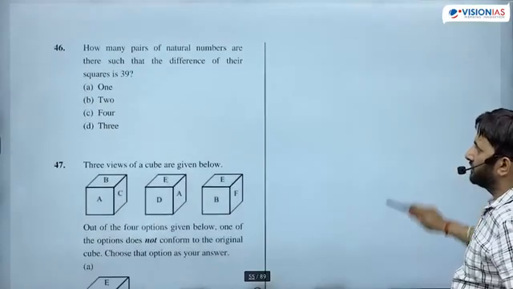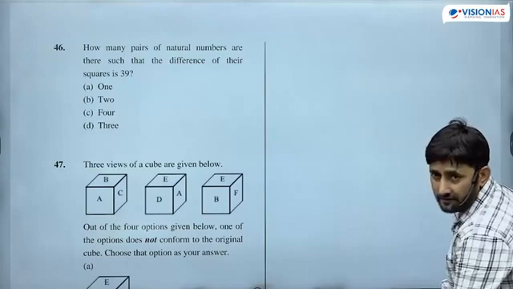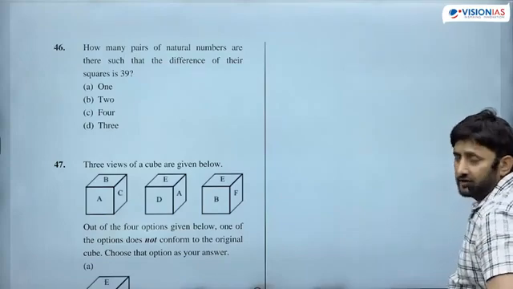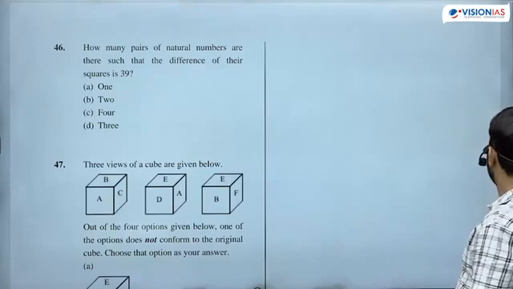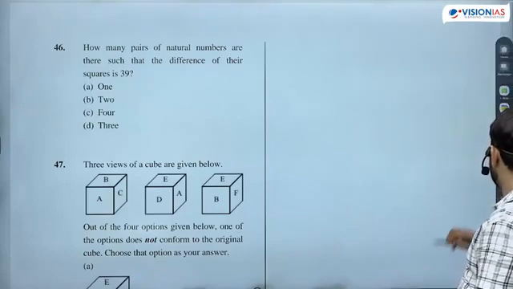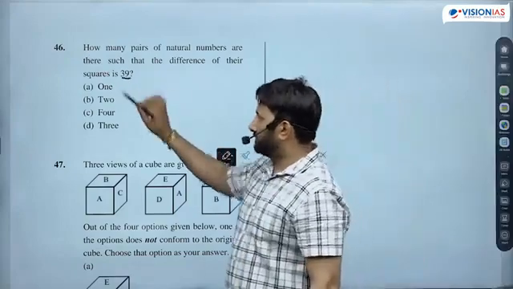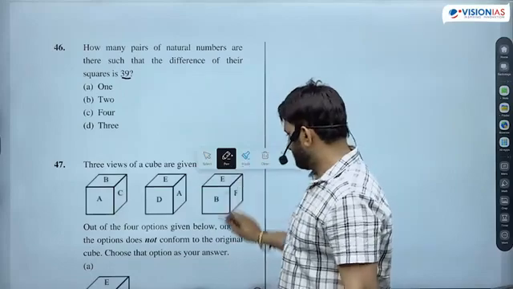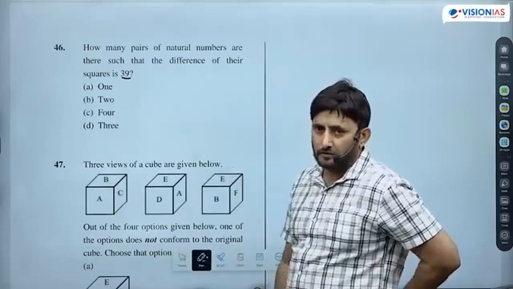How many pairs of natural numbers are there such that the difference of their squares is 39? How will you proceed here? If this is an odd number, then the answer will be half the number of factors of the number.